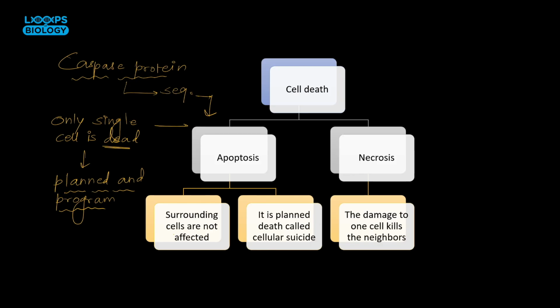So the surrounding cells are not affected, as only a single cell is dead. It is a planned death and is called cellular suicide. All right, the cell has to undergo suicide inside the phagocytic cell. So in this case of planned programmed cell death, the phagocytic cell will digest it. Phagocytosis by phagocytic cells is going to take place.